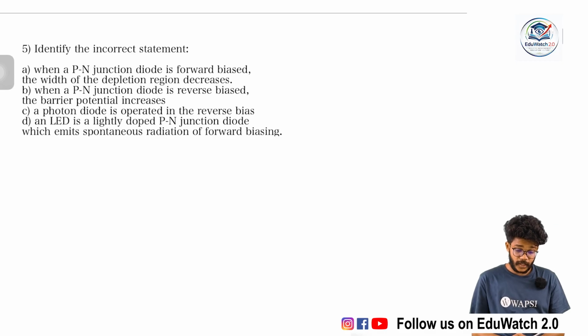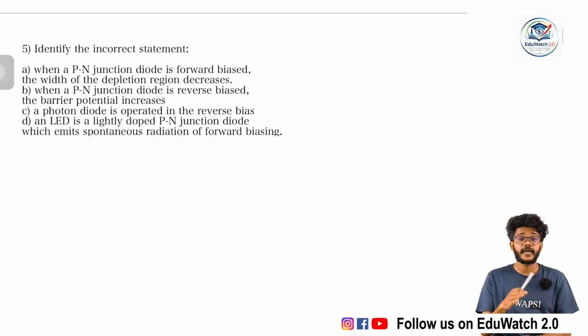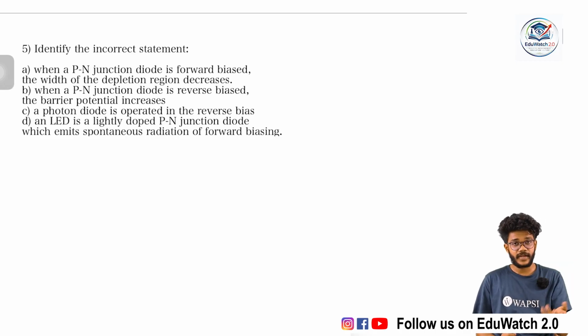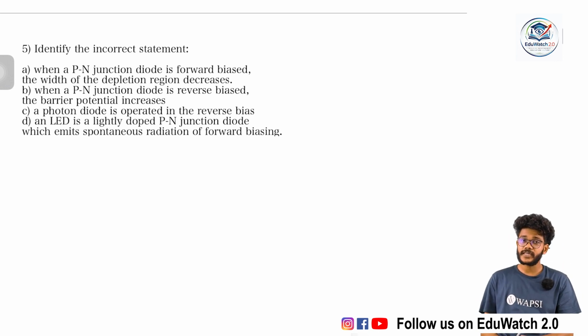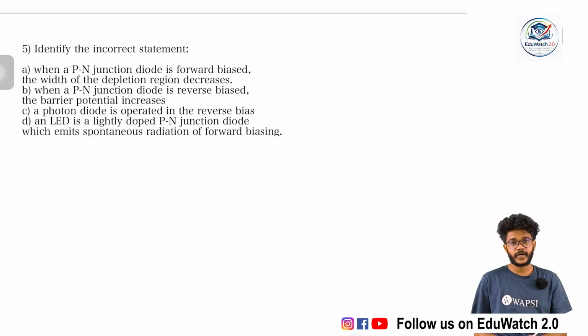And the third option, a photodiode is operated in the reverse bias. Yes, when it acts in the reverse bias, it will detect photons, that is the light. It can be seen by our eyes or not, that is not a matter. The photon can be of any wavelength. Some wavelengths are only visible to our eyes, like UV rays and infrared cannot be seen by our eyes.